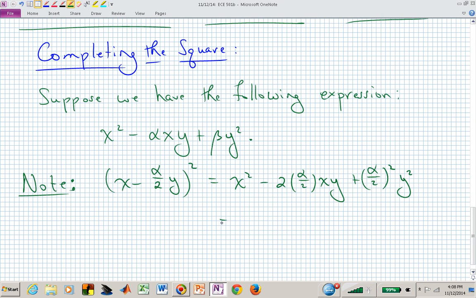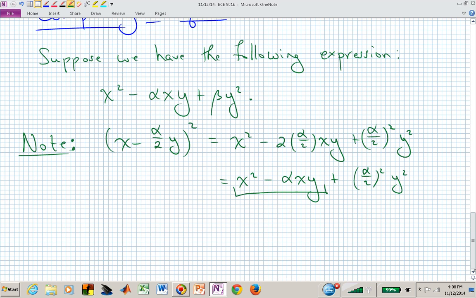Or the part that we want is to go ahead and multiply the 2 through, and we now have x squared minus alpha xy plus alpha over 2 squared y squared. Meaning we are interested in this piece of that expression, because that's what appears in our original expression.